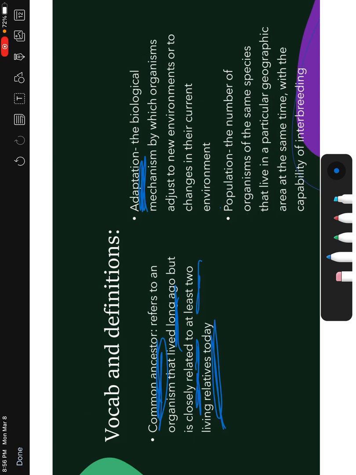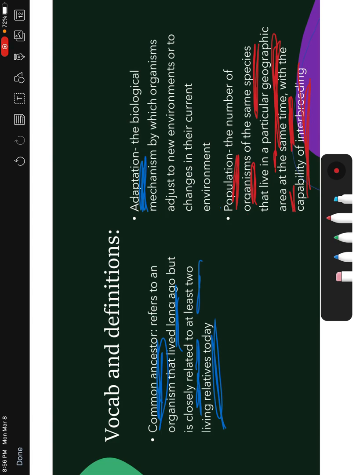Okay, populations, we've been talking so much about those. There are 4 things that I want you to remember about populations. A population is the number of organisms of the same species that live in the same geographical area at the same time with the capability of interbreeding.